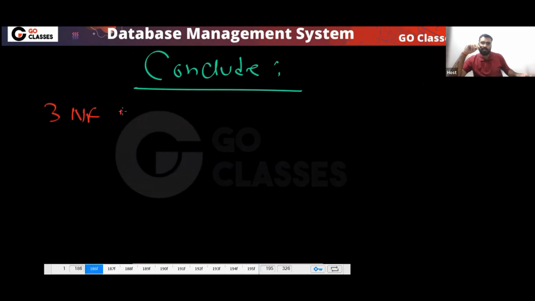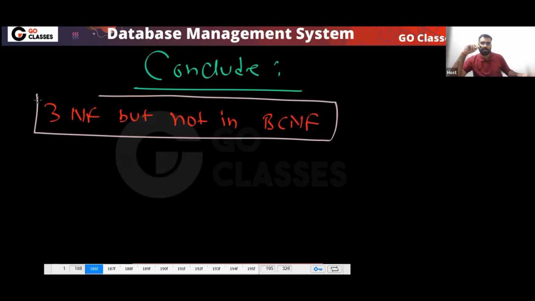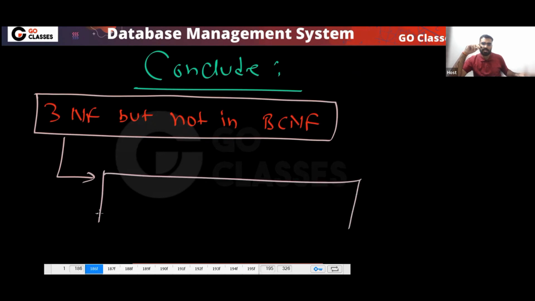So this is the final conclusion. Let's conclude this. If you say 3NF but not in BCNF implies this, this is wrong.